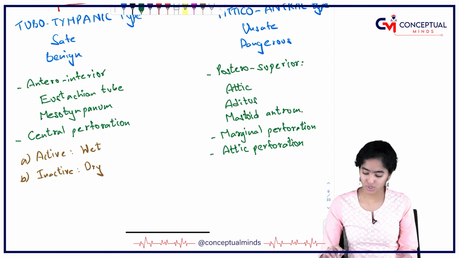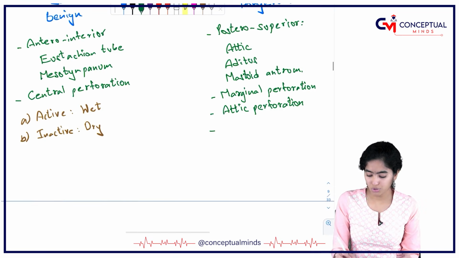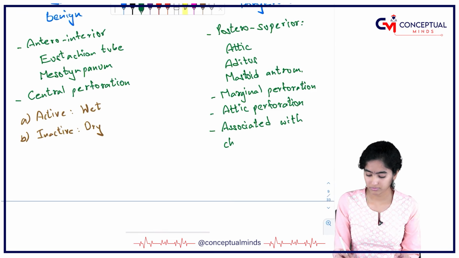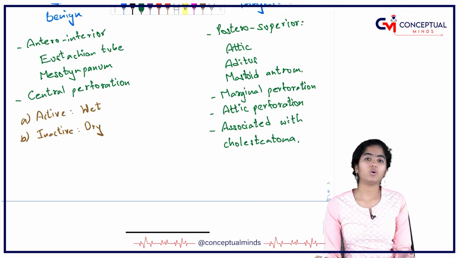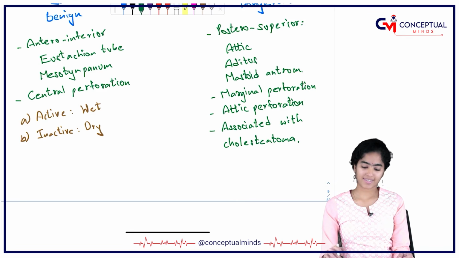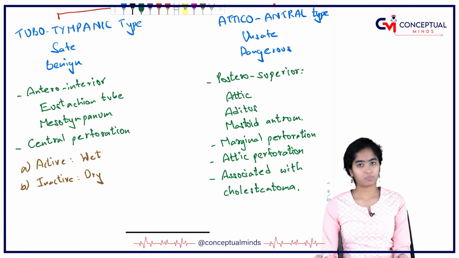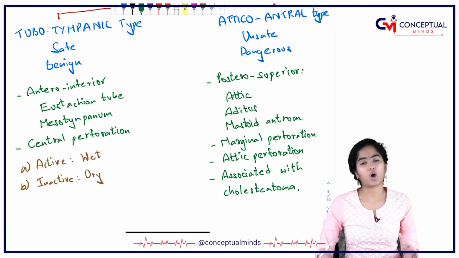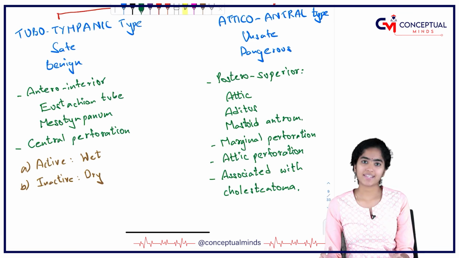So these are the features that are seen, and this is usually associated with cholesteatoma. A bone eroding process, cholesteatoma or osteitis, are usually present in atticoantral type, which is the unsafe type or the dangerous type. So this is broadly about the two types of CSOM, tubotympanic and atticoantral.